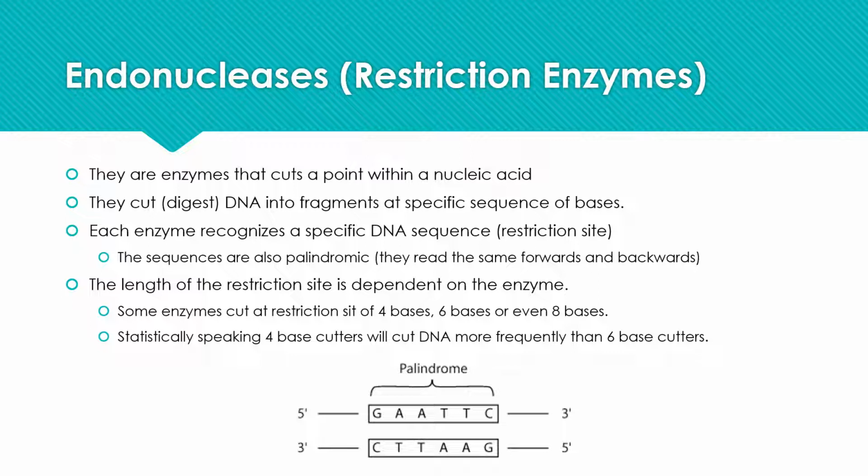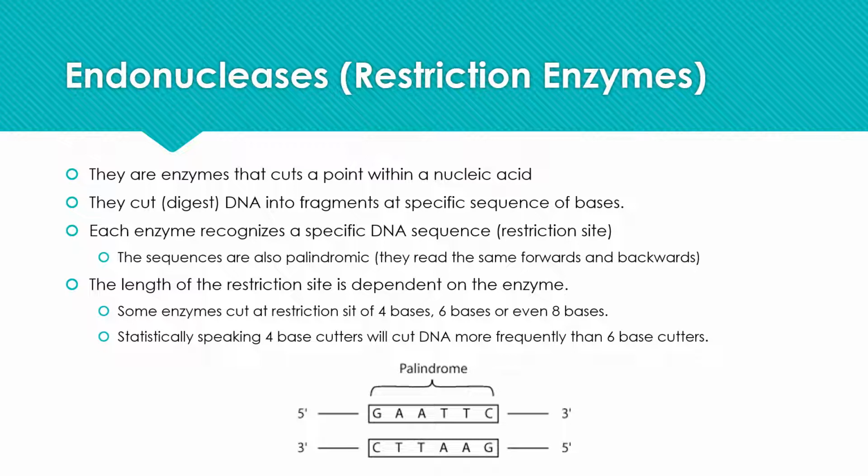Because the sequences are shorter, any restriction enzyme that is only looking for a 4 base long restriction site is likely going to cut DNA more often than one that's trying to find a 6 base long cutting site. So you tend to find the smaller the restriction site, the more frequently that endonuclease will be able to cut up DNA.